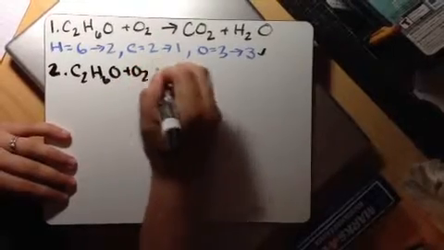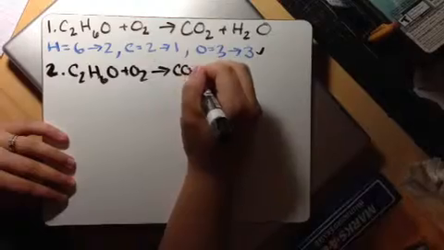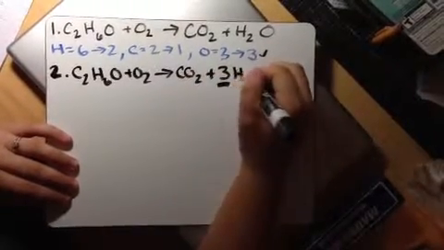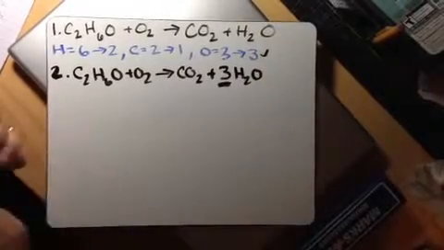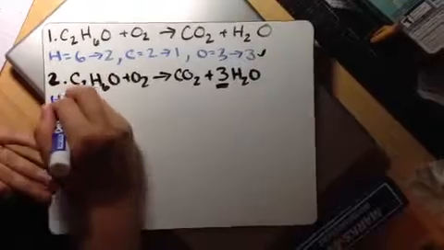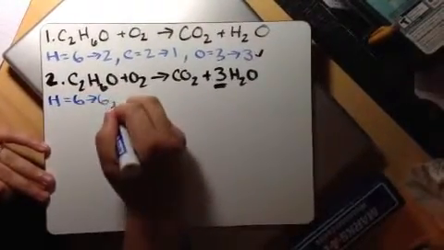C2H6O plus O2 turns into CO2 plus 3, that's our change, H2O. So now, let's see, we have 6 hydrogens to 6 hydrogens.